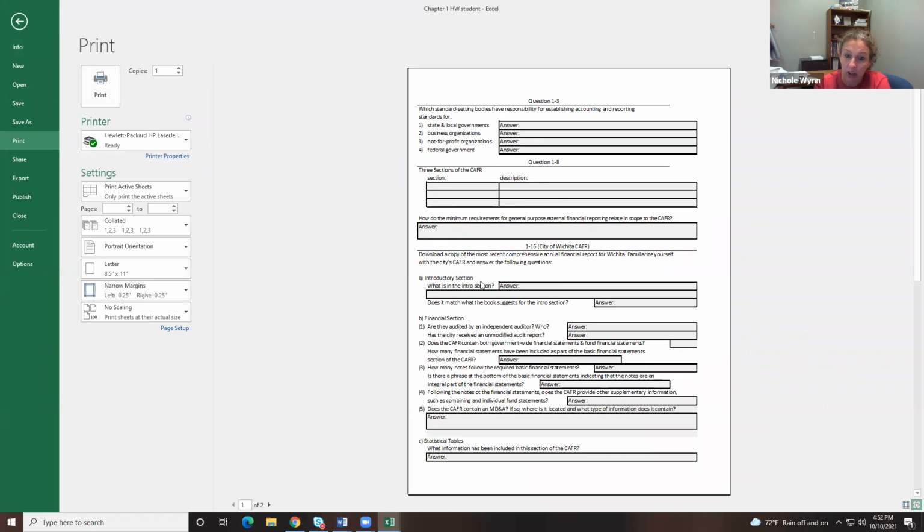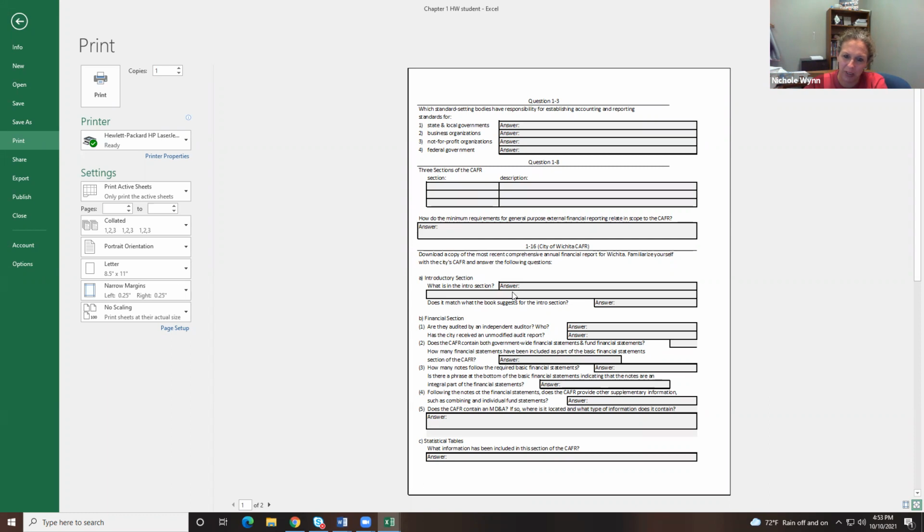The rest of it is looking at the City of Wichita's financial statements. There's a link to that in the syllabus, or you can just Google City of Wichita CAFR and it will pop right up. We're going to use the most recent one, which is the data from 2020. I want you to find what's in the intro section.